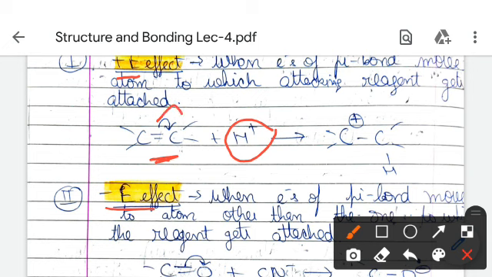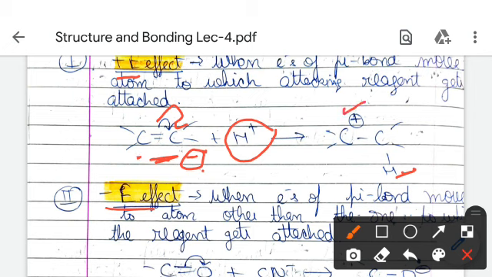When electrons move to this carbon, it will carry negative charge and the reagent is positive, so it will get attached to the negatively charged carbon, and the other carbon will have positive charge.